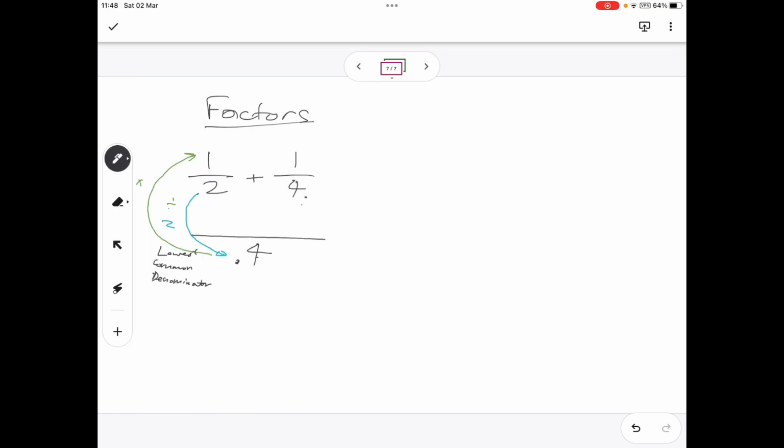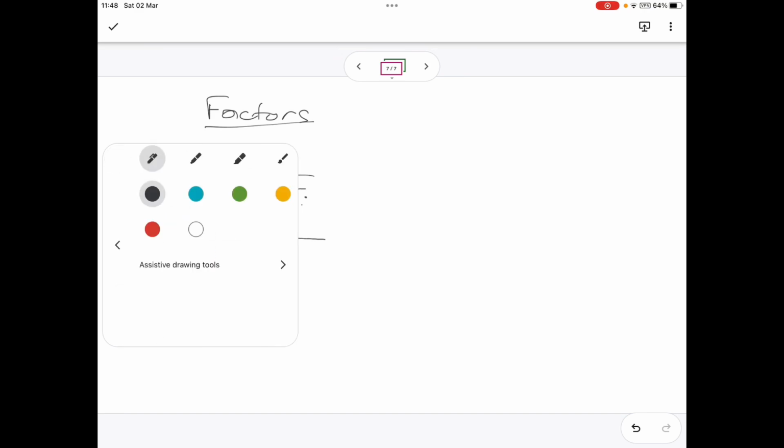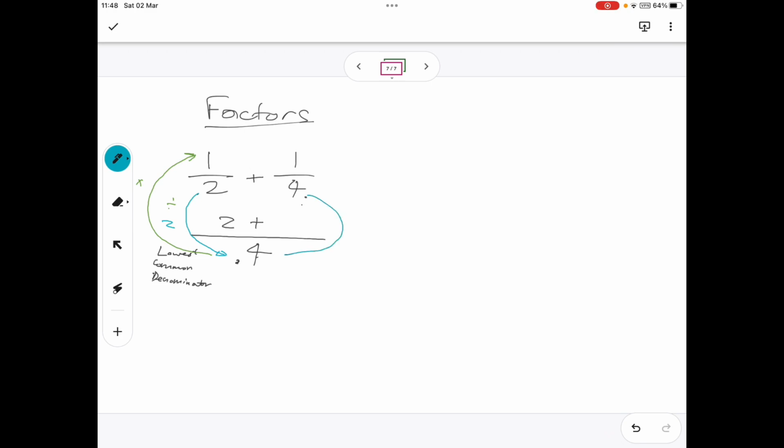So here we start off by dividing the denominators and then multiplying the numerators. 2 times 1 is 2, so we put that there. Then we drop the sign as it is. If it's a negative, you drop a negative sign. So we say plus.